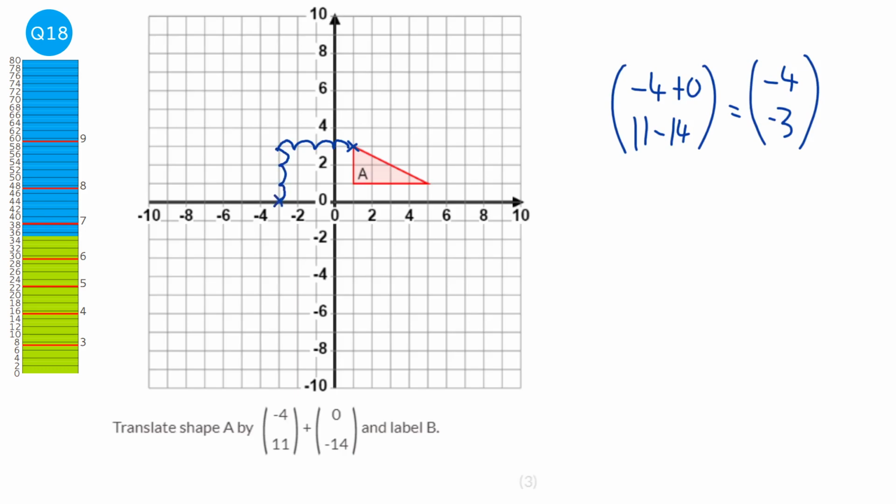And we can do that for each of the other points. And when we've done that, we can join them all up with straight lines. And label the new shape B.